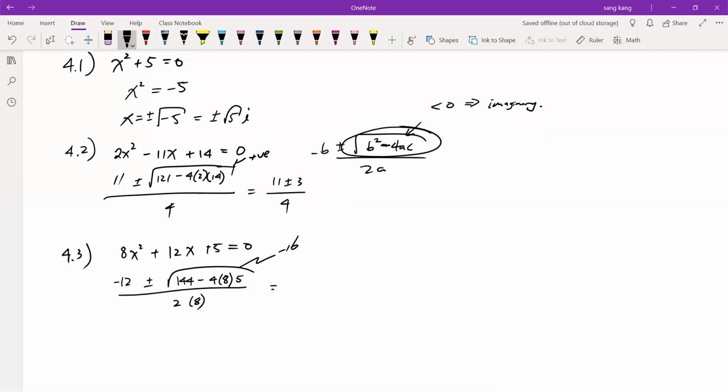So this becomes negative 12 plus or minus 4i. That will take care of the square root of negative 1 over 16. So this gives us minus 3/4 plus or minus i over 4. Okay. Again, pretty straightforward. You guys should already know how to do that, but it made it on the worksheet. Figured it'd be a good review.